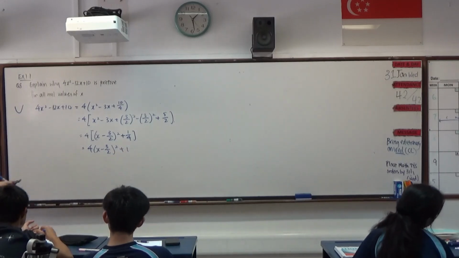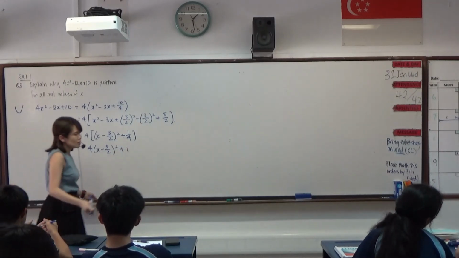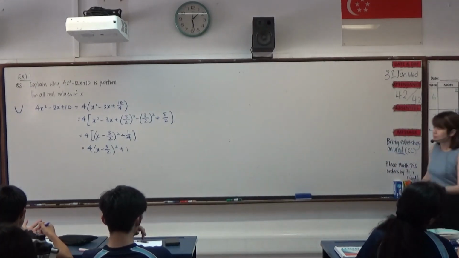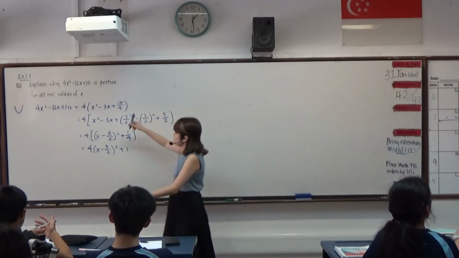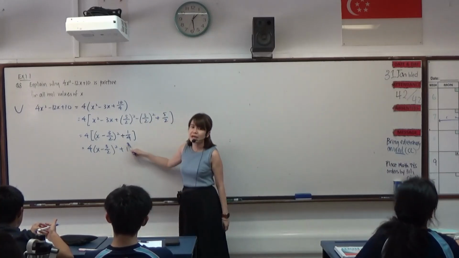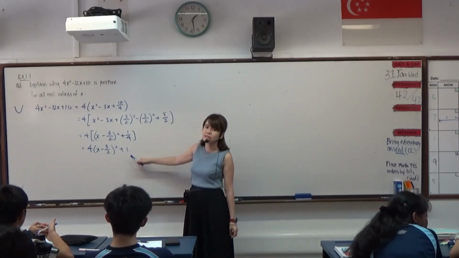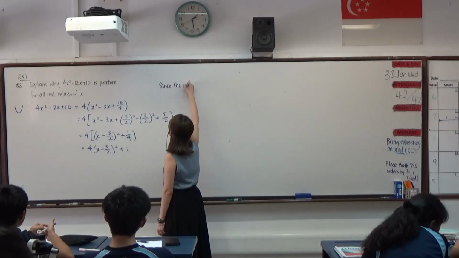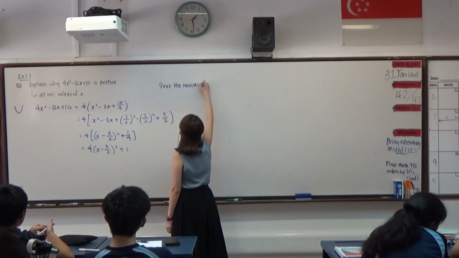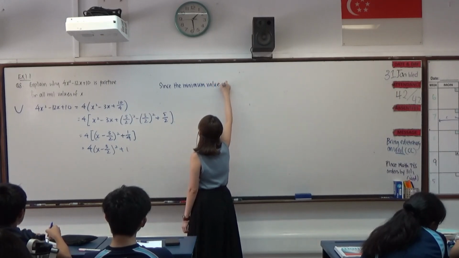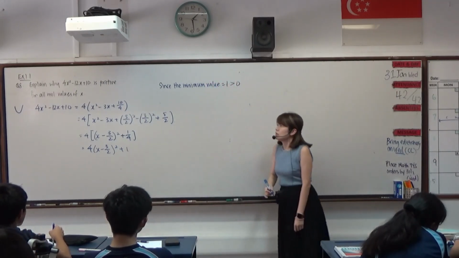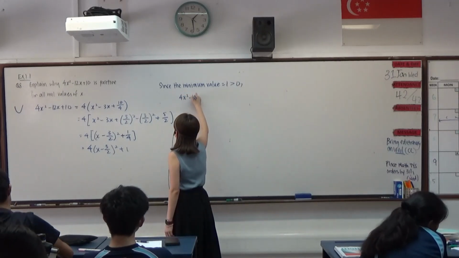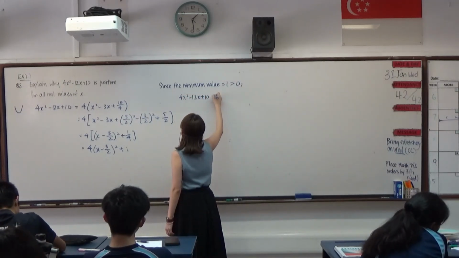So upon completing the square, this is what we get. Because this question has a minimum point, and we see that the minimum value is 1, which is more than 0, that's why your 4x squared minus 12x plus 10 is positive.